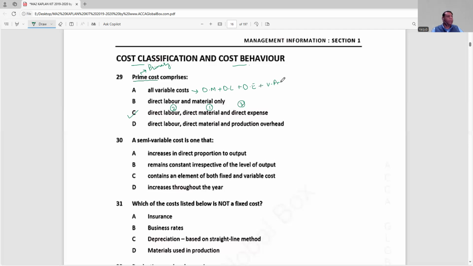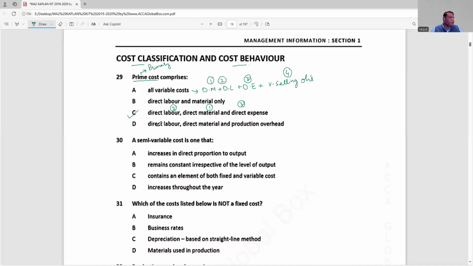If we are separately provided with the variable production overhead, then it includes other variable production overheads. If not provided, then direct expenses include variable production overheads, but we still have another variable cost which is called variable selling overhead. So all variable cost includes what? Four costs: material, labor, direct expenses, and variable selling overheads. Prime costs are comprised of these three costs.